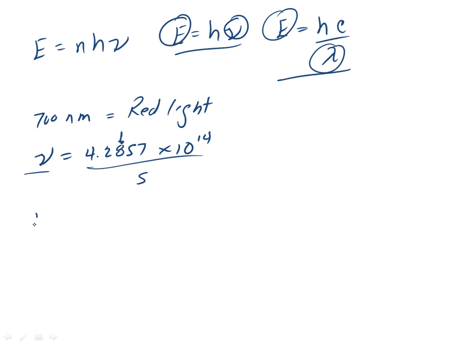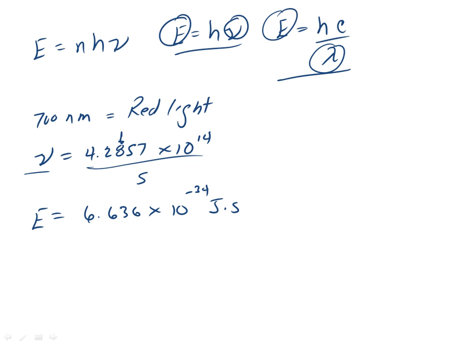Alright, so if we want to know what the energy of red light is, we'd say energy equals Planck's constant, and Planck's constant is 6.636 times 10 to the negative 34 joule seconds. Joule's an energy unit that we use. And then seconds, we know what a second is, all right?